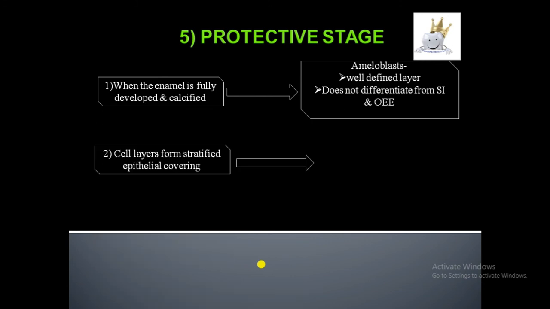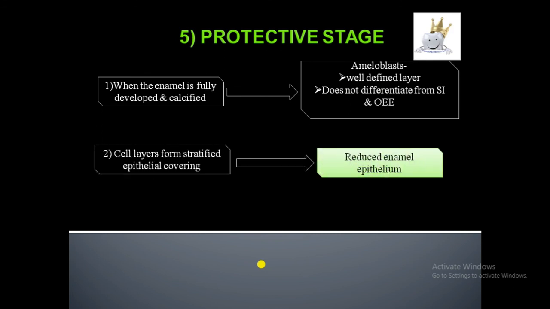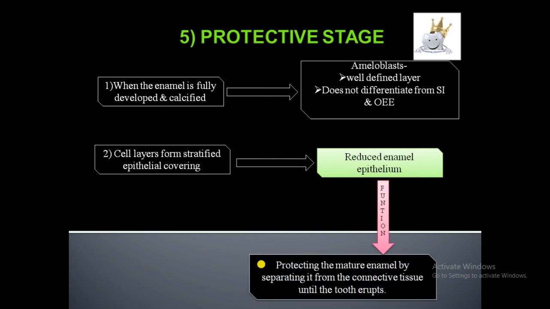This layer of ameloblast cells forms a stratified epithelial covering, which is called the reduced enamel epithelium. The function of reduced enamel epithelium is protection, okay? It protects the matured enamel by separating it from the connective tissue until the tooth erupts.